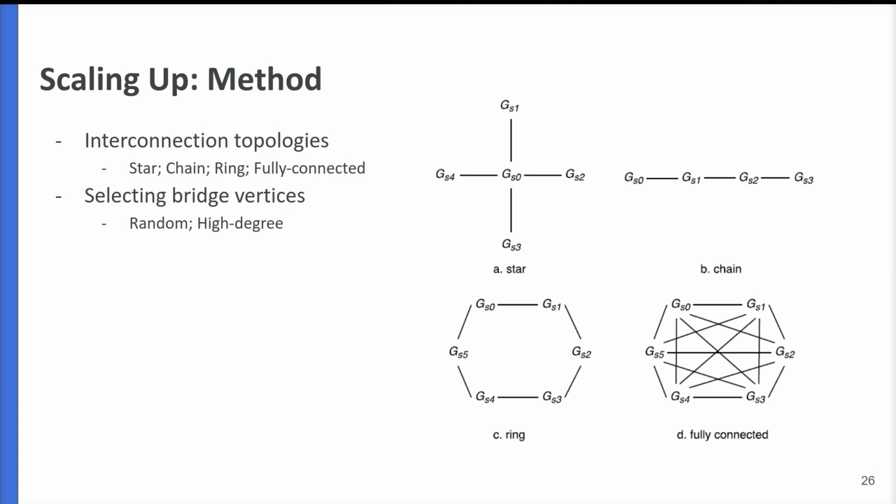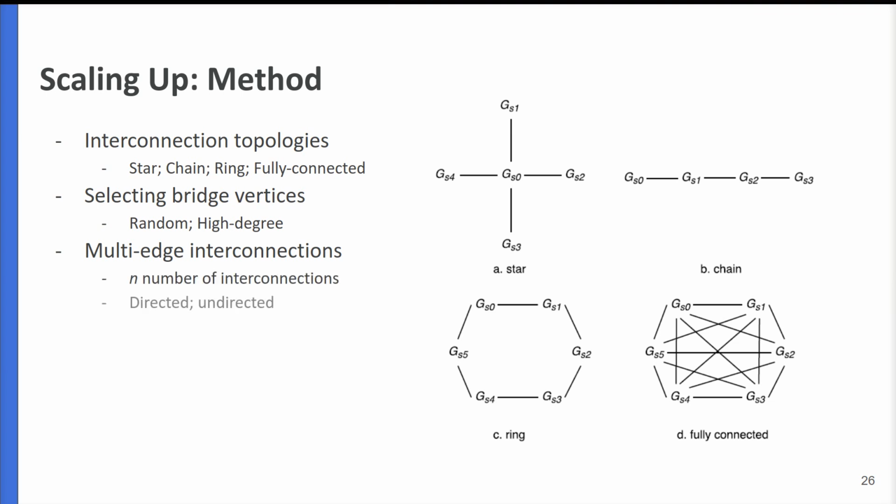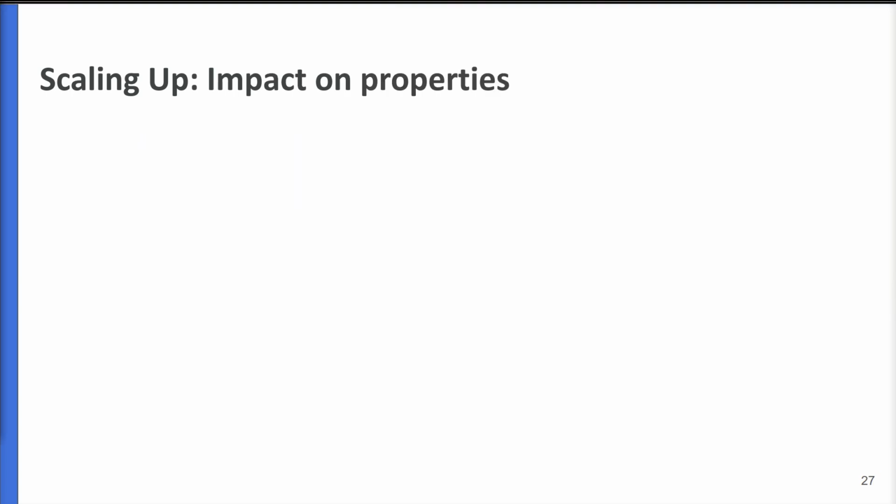Currently, this can be either random vertices from each graph or high-degree vertices. Lastly, the user should also specify the number of edges between every sample, and also whether directed edges or undirected edges should be used. All these different parameters can be used as an input to the graph scaling tool to obtain a scaled-up version of the graph.